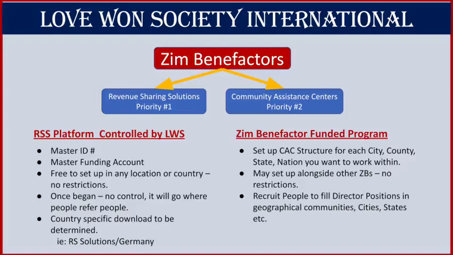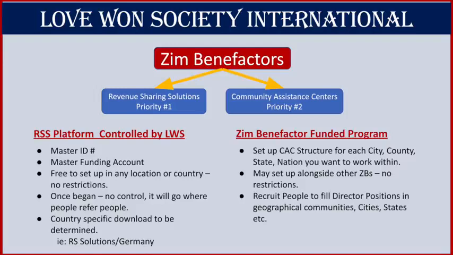And so each Zim benefactor sets up a master funding account where the RSS platform can pull from that account and pay the beneficiary when they request money. So part of the program, then, you got the master ID number, and you're responsible for the master funding account, which will be in the QFS, Quantum Financial System.